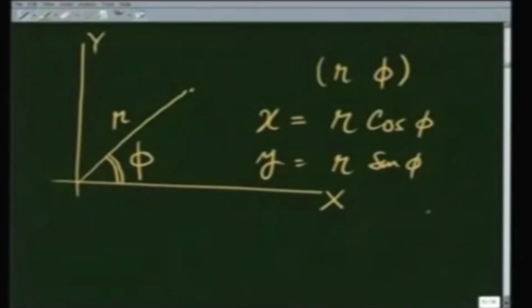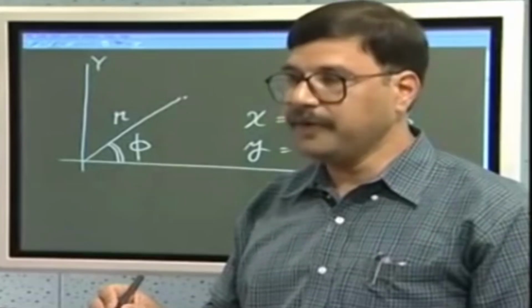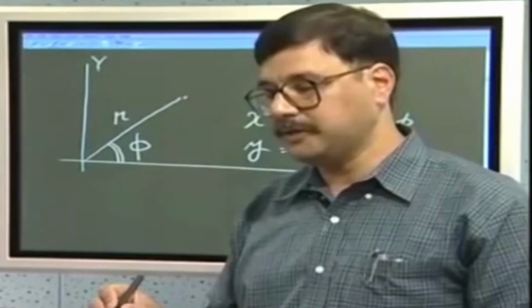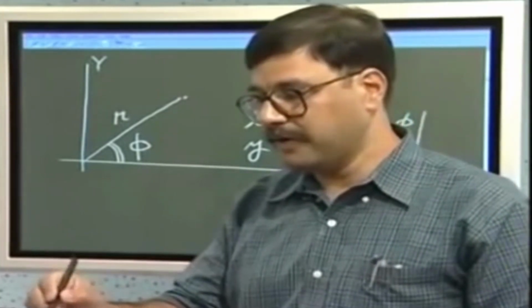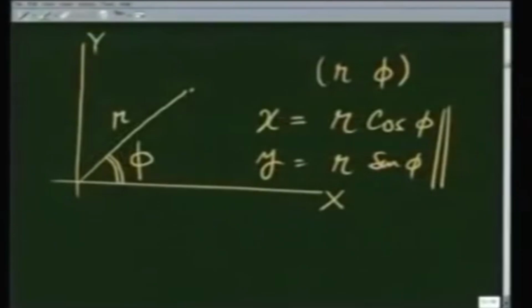I also need to give the unit vectors in this coordinate system if I want to describe a vector quantity. The unit vectors are given as r unit vector in this direction, and the other unit vector is in increasing phi direction perpendicular to r, so it is in this direction, which I will call the unit vector phi.